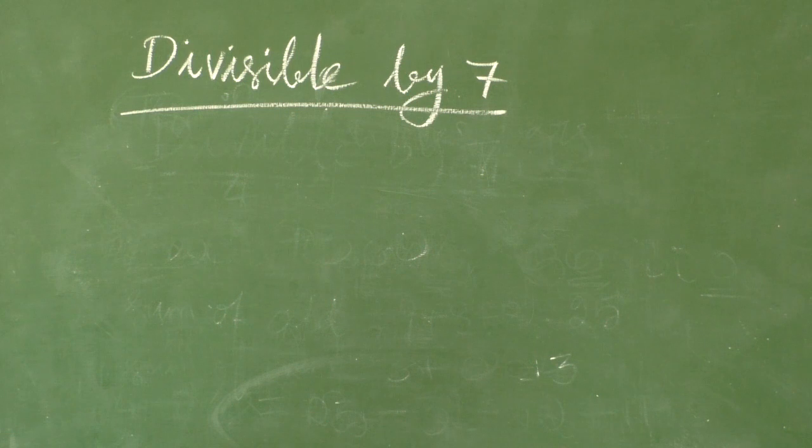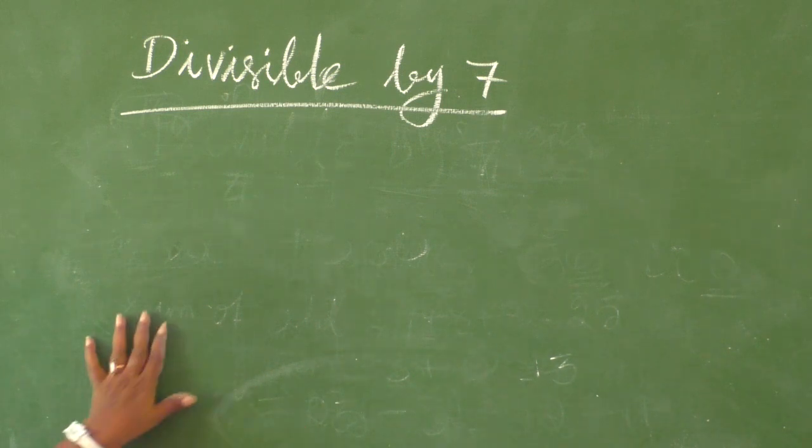A number is divisible by 7 if the difference between twice the digit in the ones place and the rest of the number is divisible by 7.